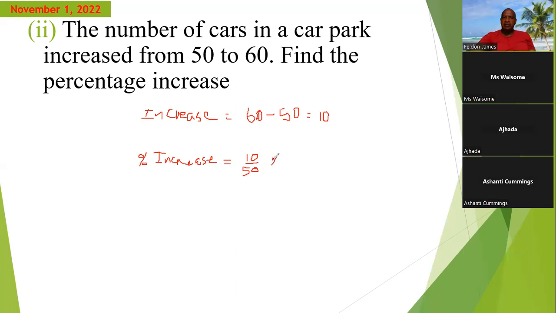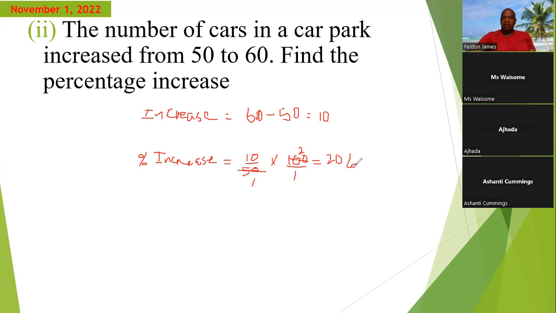Then we cancel down. So 50 into 50 goes 1 time, and 50 into 100 goes 2. In the numerator now we multiply across, 2 times 10 equals 20. So the increase would have been by 20%.